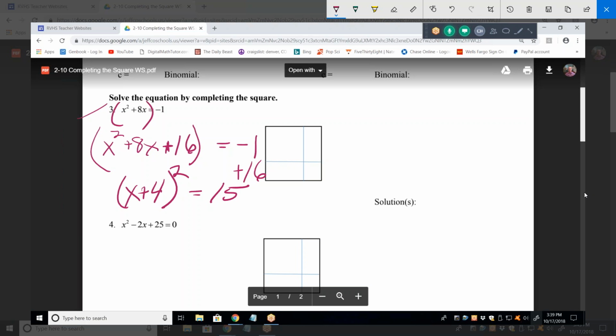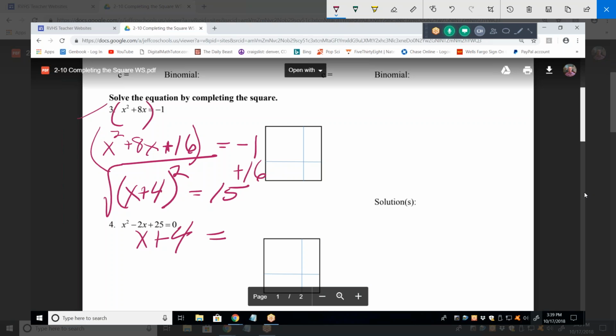What's the left side? Well, it's x plus 2, right? No. We take the square root of that. It's whatever's inside it. In other words, the square root of something being squared is x plus 4.